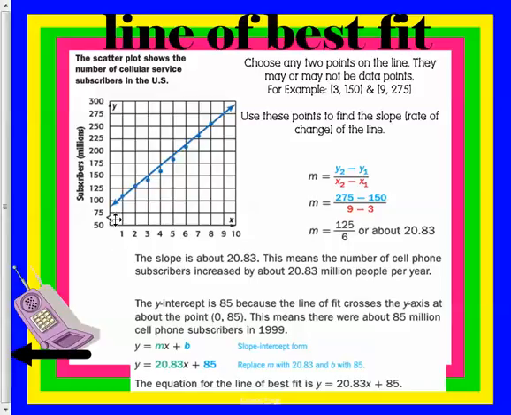That means that our slope is increasing every year by 20.83. And we can interpret that as an equation. We know that we're starting at what number? 85 is what they told us. So we can say that the slope is 20.83, and that our b, remember doing that? Our y-intercept is 85.